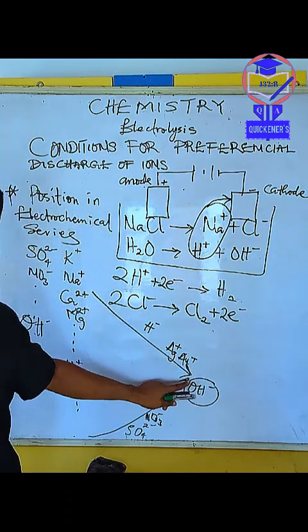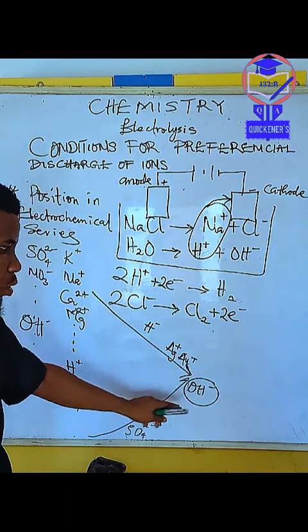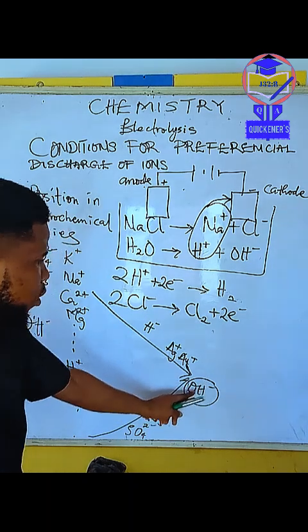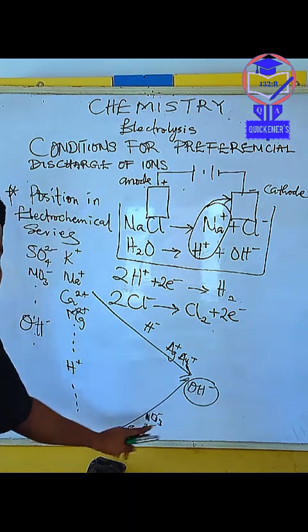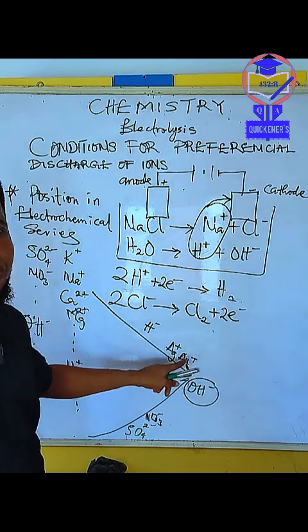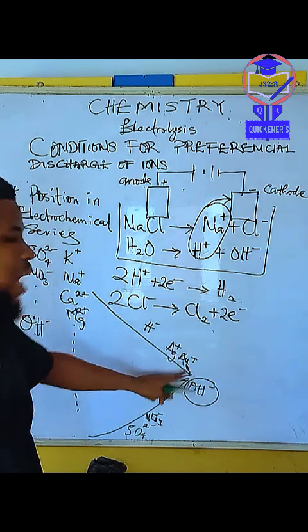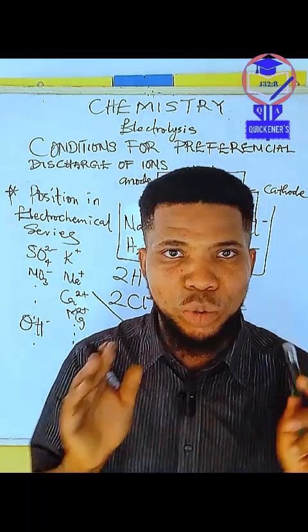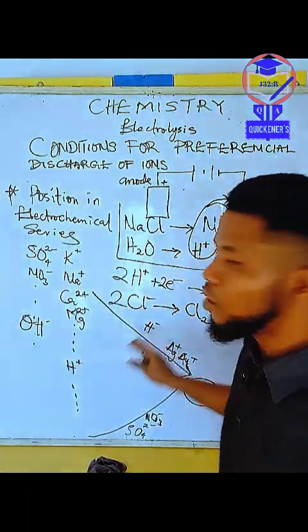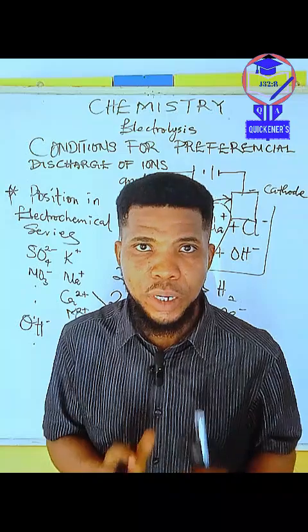Are you getting me now? So in the electrochemical series, for non-metals, the ones above are preferentially discharged before the ones below. But for metals, the ones below are discharged before the ones above. So the position in the electrochemical series matters. Hydrogen is more like in the middle. Do you understand me now?